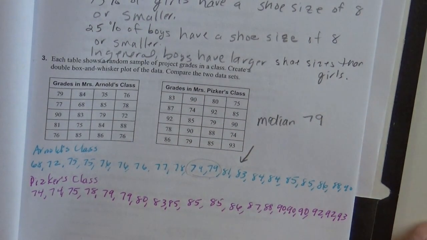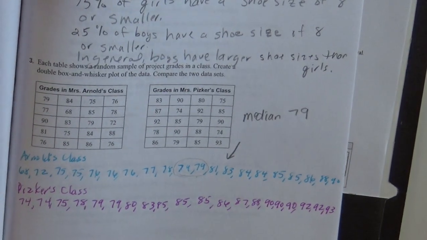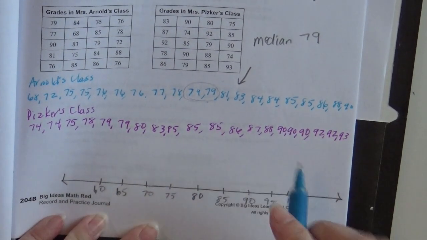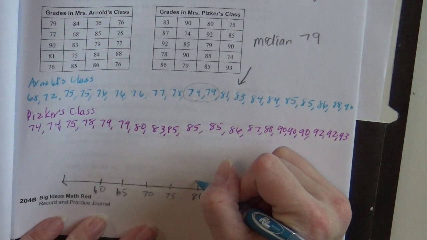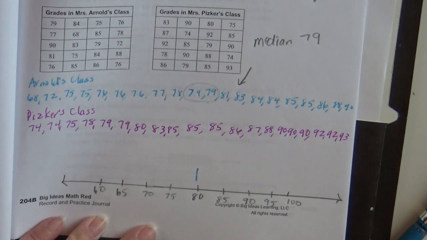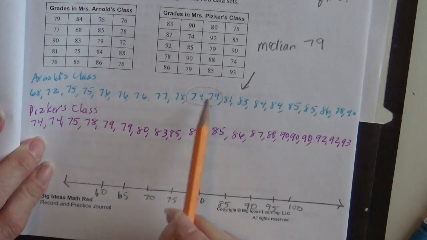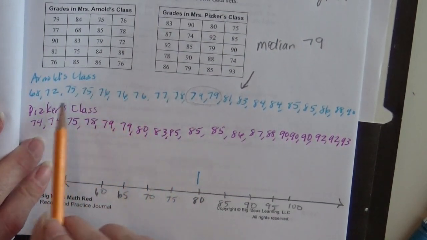So I can locate 79 on the number line that I've drawn down here. So locate 70, so I just counted by fives. Locate 79 and put a vertical bar. And then I need to find the first quartile. So that's going to be the median of just the first half of the data set.